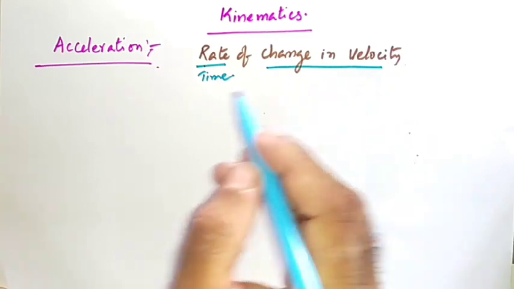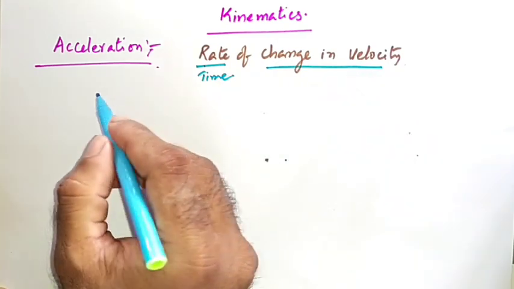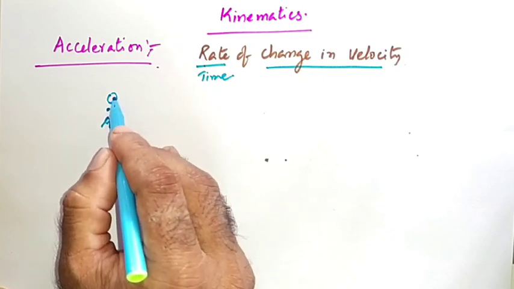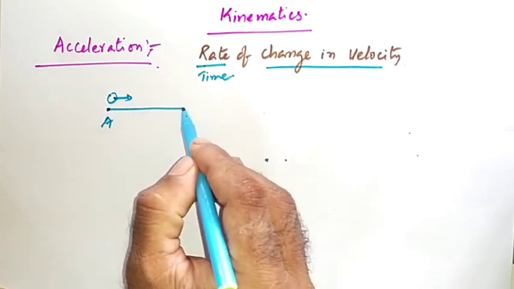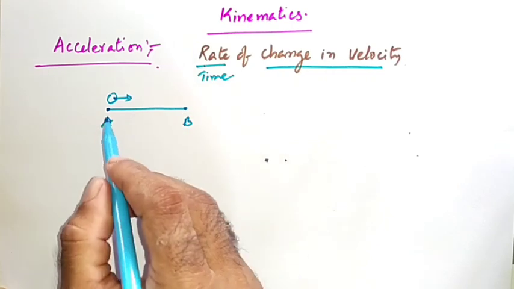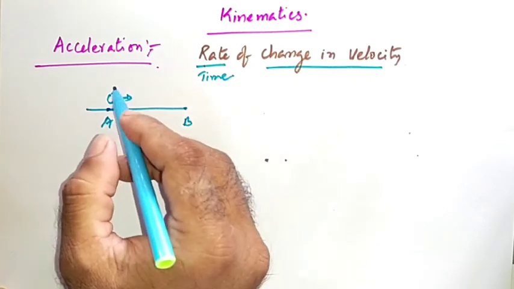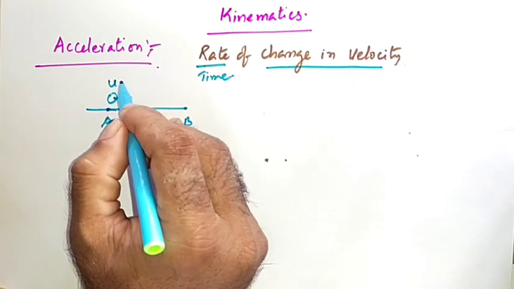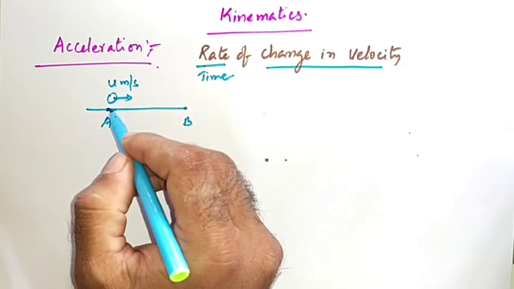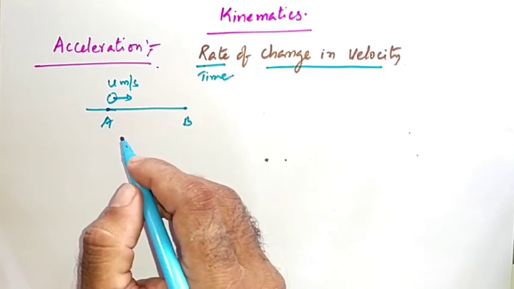Let us see that there is an object. This is an object at A. Now this object is moving to point B. At A, its velocity is u meters per second, suppose. At point A, what is the velocity of the vehicle? u meters per second.